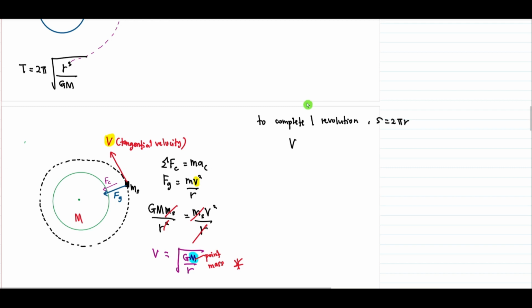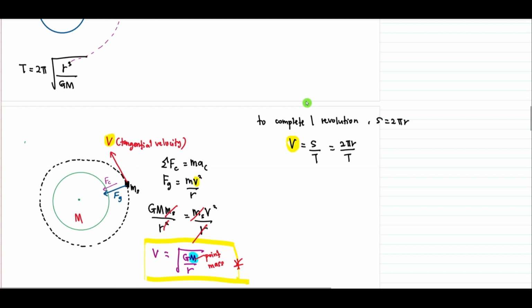So tangential velocity v, we can write equal to S over capital T, where capital T is the time taken to complete one revolution. So we can substitute v is equal to 2 pi r over T. Since v is equal to 2 pi r over T, and we already know that v is equal to square root of GM over r, so we can substitute.